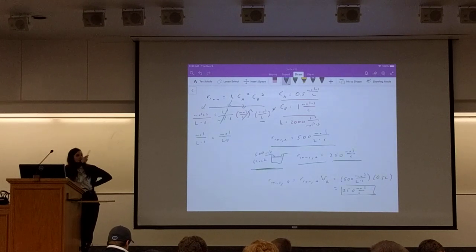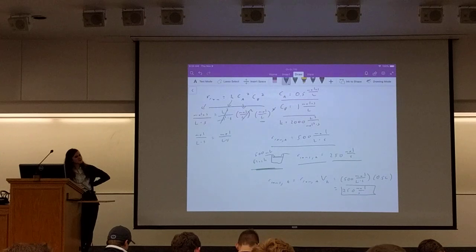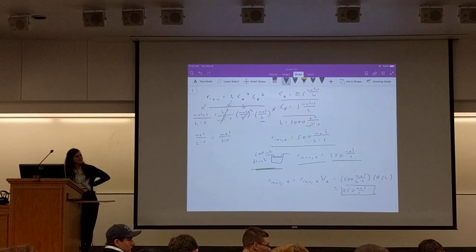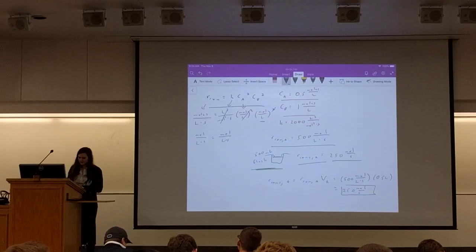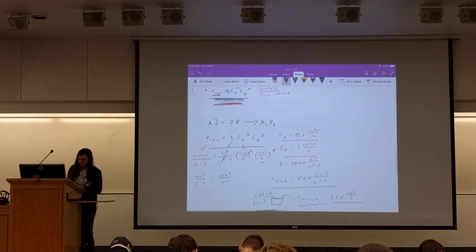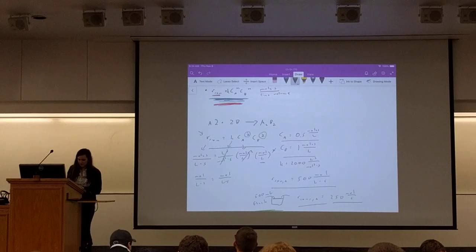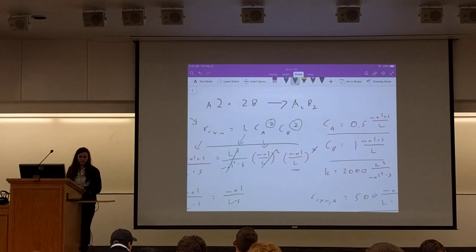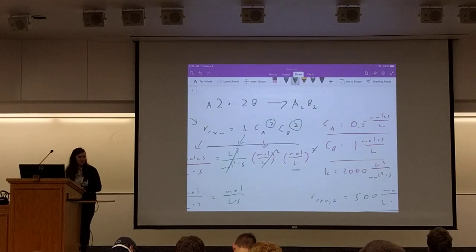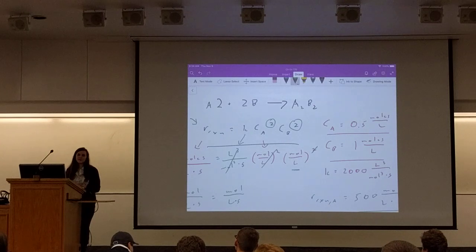What makes something a second order reaction? This one here is second order with respect to A and second order with respect to B. The order refers to the exponent in the concentrations. It refers to how the rate relates to the concentration of that reactant.